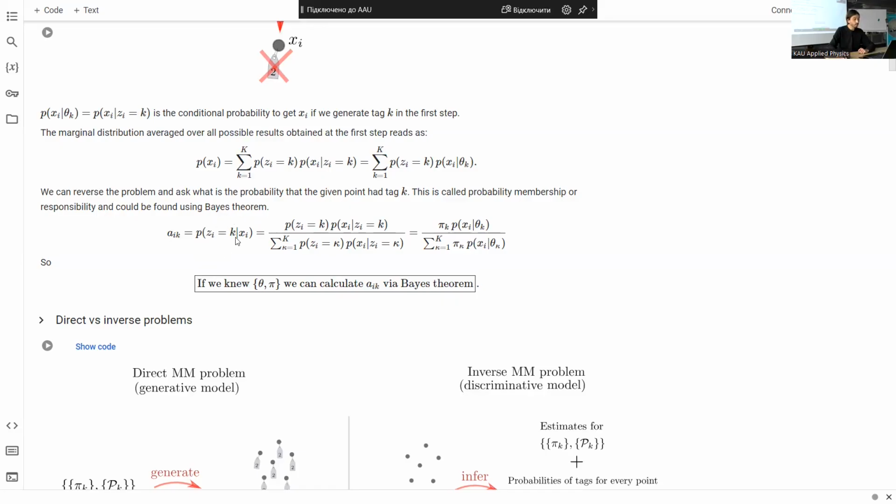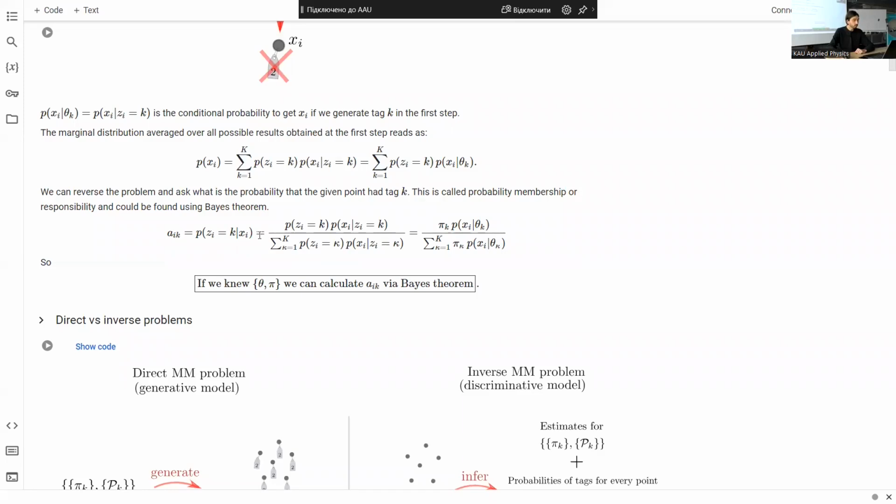Okay, so I want to have those probabilities. I want to prescribe them to my points, but of course I don't have the expression for this P, and I should get it from somewhere. And where can I get it, if we think for a moment? Looking at the next formula, can you guess what this is? So what is this formula in its essence? It looks like Bayes. Yes, that's Bayes. So that's from one of our previous lectures.